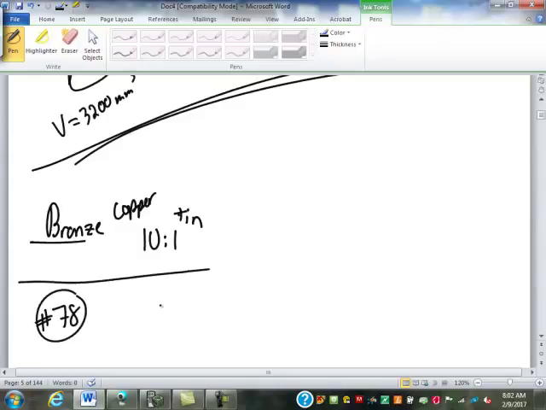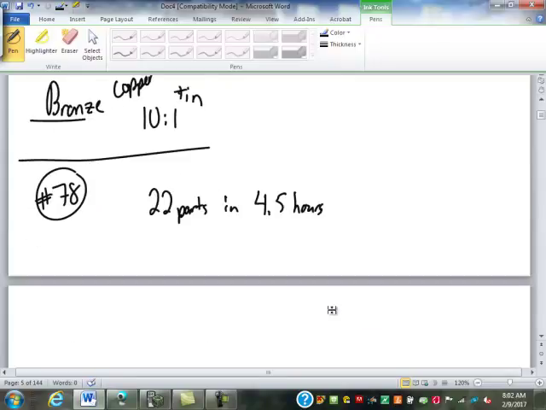On a trial production run, 22 parts are produced in 4.5 hours. So that's just going to be a rate, 22 parts in 4.5 hours. At the same rate, how long to the nearest tenth of an hour does it take to produce 1,600 parts?